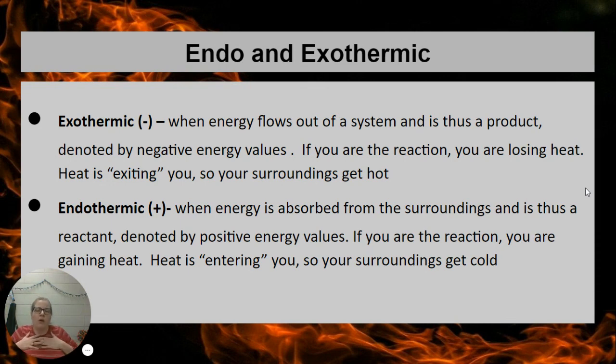So if I am pulling in heat from my surroundings, that means I have a net positive Q value or a net positive H value. The area around me, though, is going to get colder. So to the touch, if you feel a beaker that an endothermic process is happening in, it's going to feel cold because it's taking all of the energy from its surroundings and pulling it into the reaction.